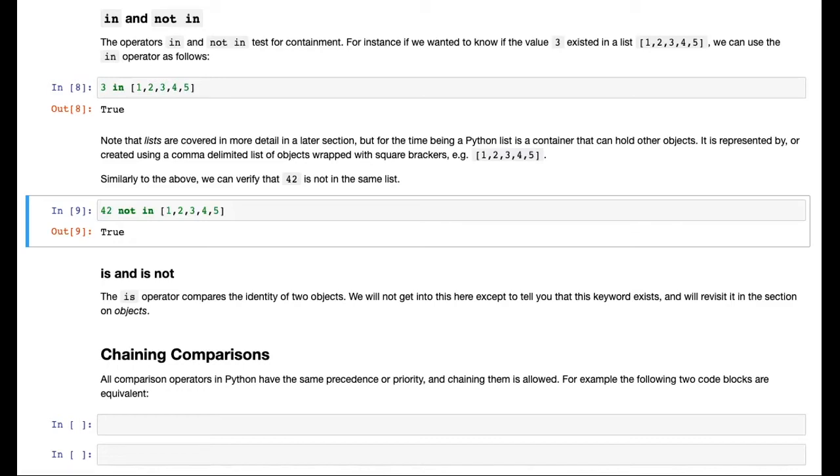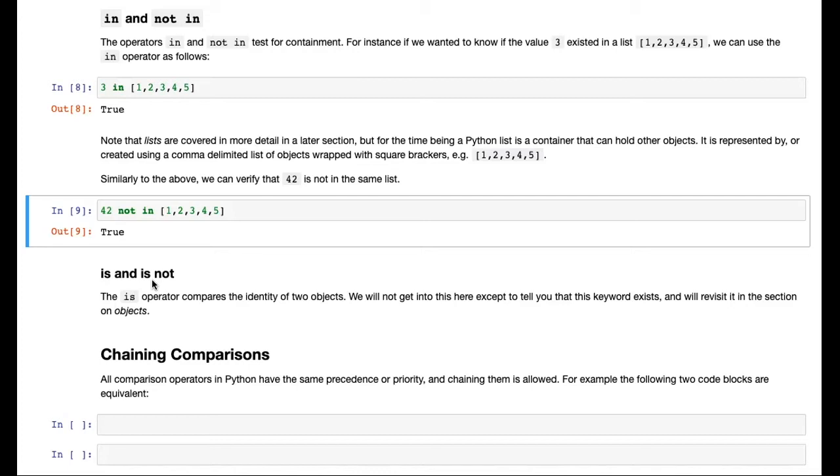So this operator allows us to check if, say, two variables are really referring to the same object or not. Objects, identity, interning, and related topics will actually be covered later on. So I'm not going to do an example just yet, but I did want to just define it here for you, since you're likely to have seen this operator in the precedence list. And I also want to point out in the subheading here, where it says is not, this is not a typo. The core developers of Python wanted to encourage readability as much as possible.